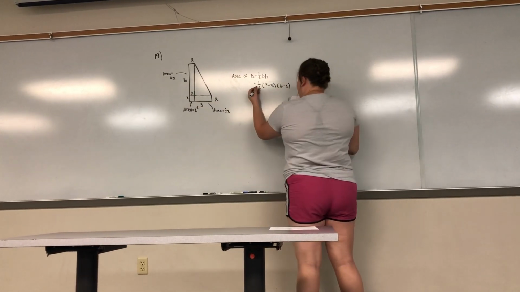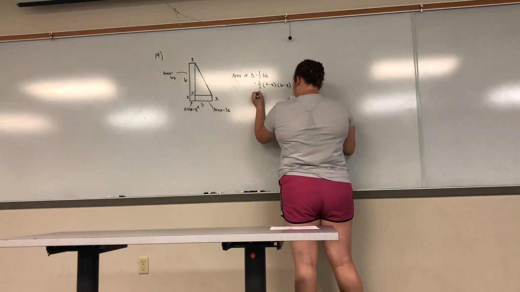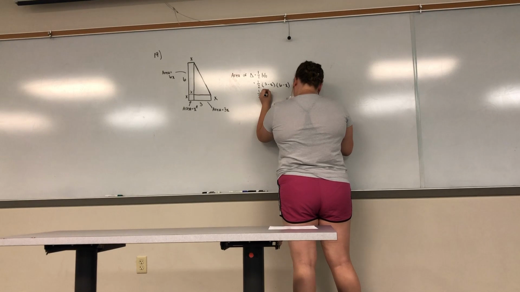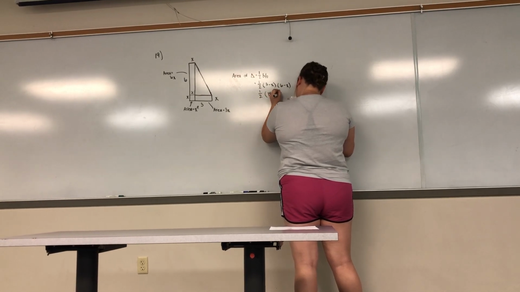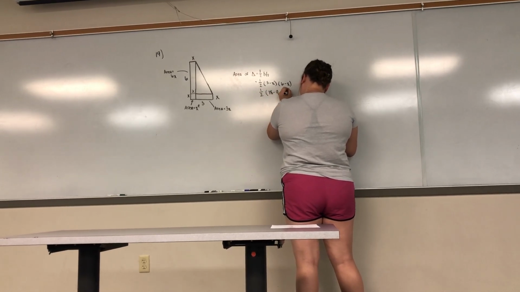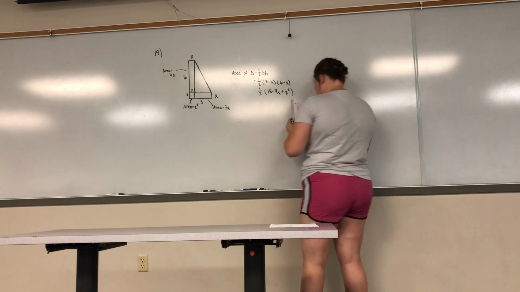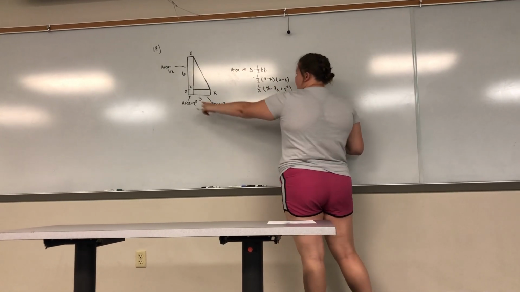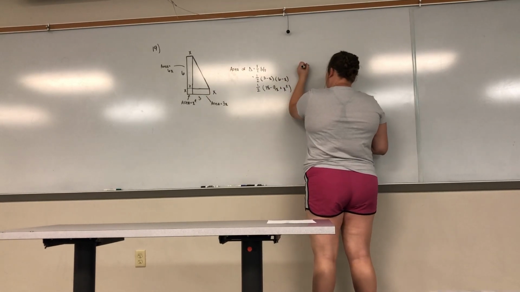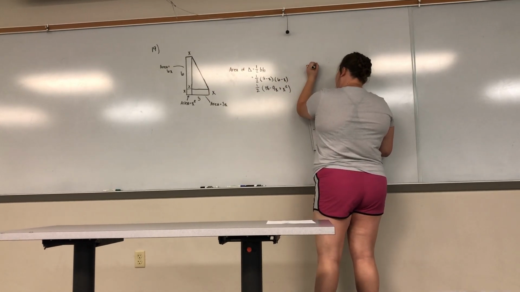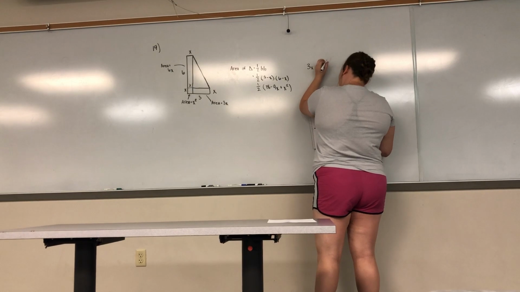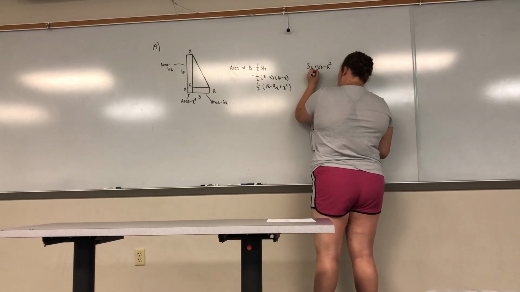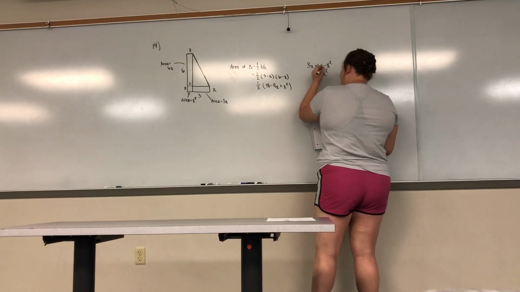So that will go out to 1/2 (18 minus 9x plus x squared). Okay, and then the area of the L is going to be 3x plus 6x minus x squared, and that'll be 9x minus x squared.